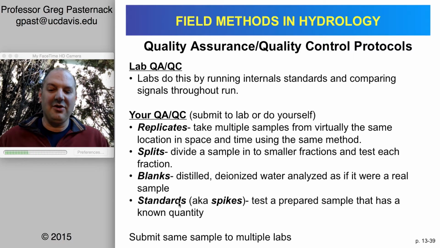And then standards. It's amazing, but you can buy from the federal government through something known as the National Institute of Standards and Technology, standards of things like, actually there's a San Joaquin dirt sample that you can buy where they've taken that dirt and they have measured everything about it in like 10 different laboratories around the world.